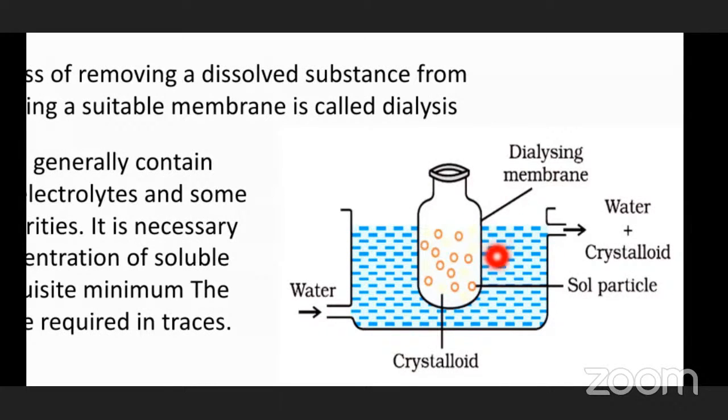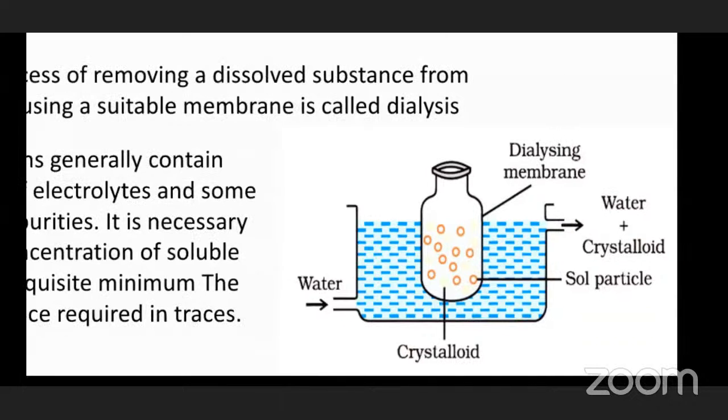In dialysis, you have to use a semi-permeable membrane. Here only one thing is there: water is always continuously flowing. Without continuous flowing, the dialysis process does not run. This plays an important role in our medical field, like purification of kidneys, right?